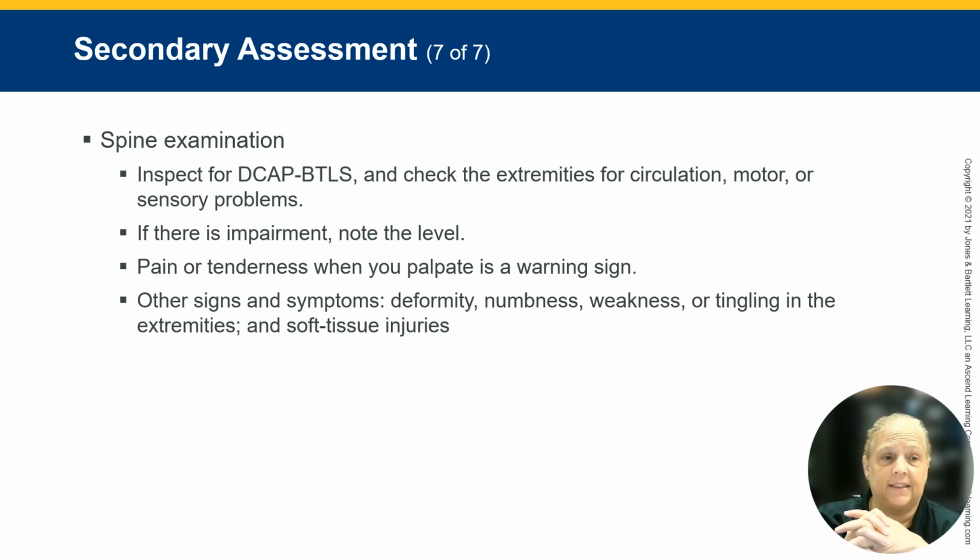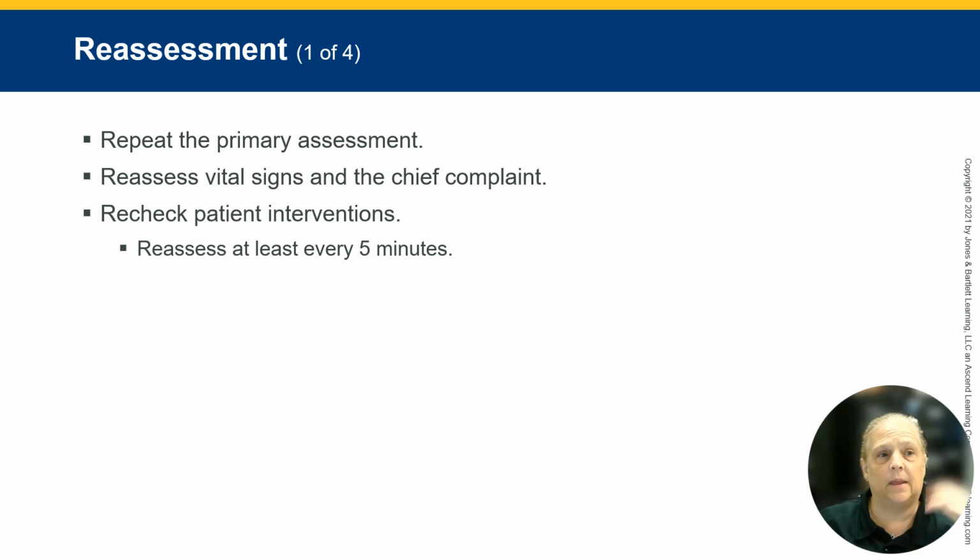If we find anything, you're going to mark or note in your report where you found it. Do they have weakness or tingling in the extremities? Do we have any soft tissue injuries, especially over the spine? Keep reassessing your patients at least every 5 minutes. We're going to start back at that general impression, primary assessment, and work our way back down.